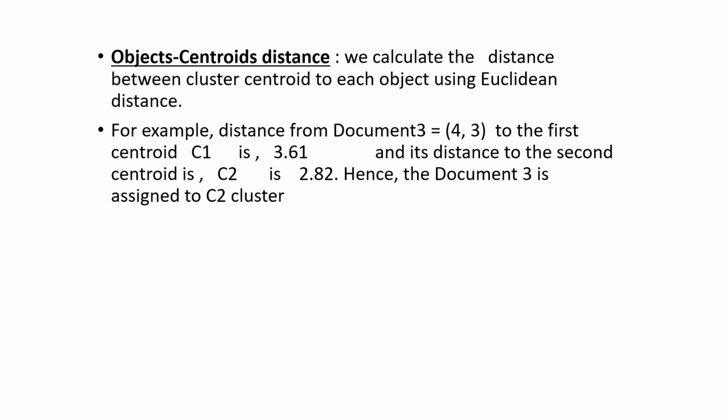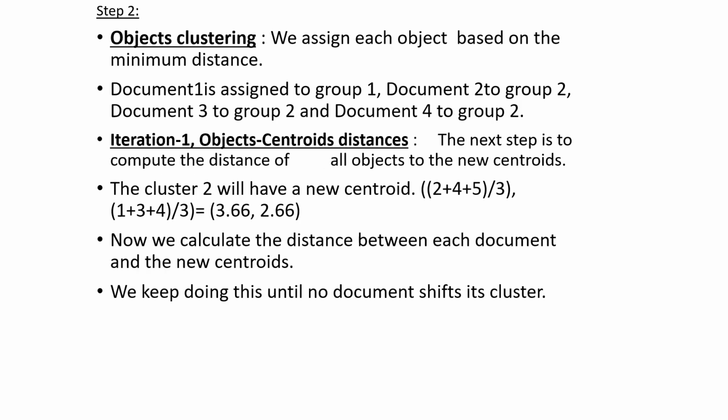The distance to cluster 1 is 3.61 and to cluster 2 is 2.82. Hence the distance between C2 and document 3 is lesser compared to C1, so we pull document D3 into the C2 cluster.